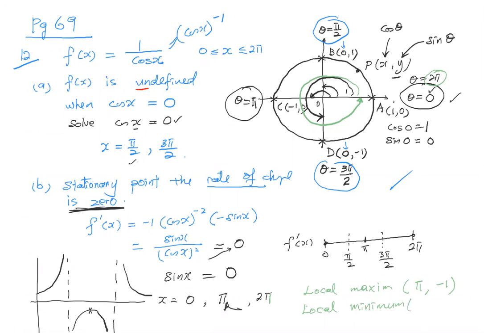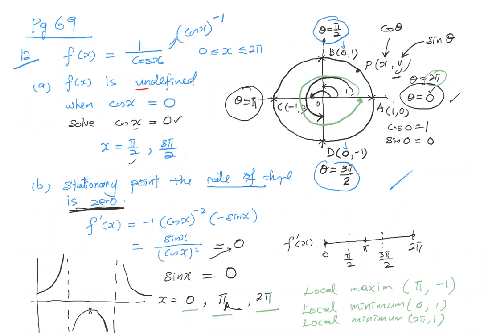Can you get it from the graph? 0, 1. Another local minimum is 2 pi and 1. Are you okay? So trigo, you can have many answers. You have to know how to get the answer.